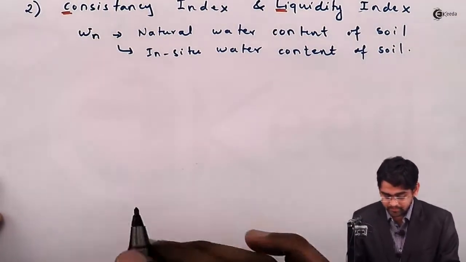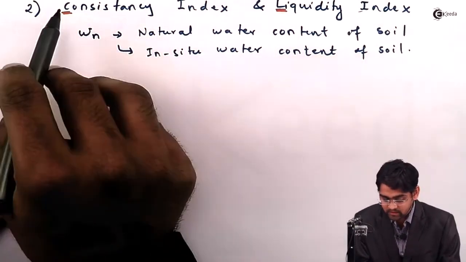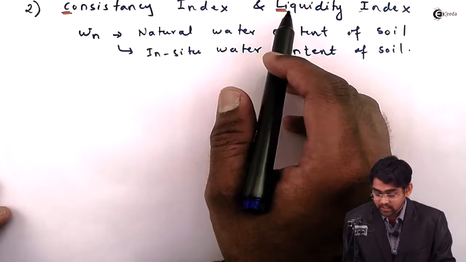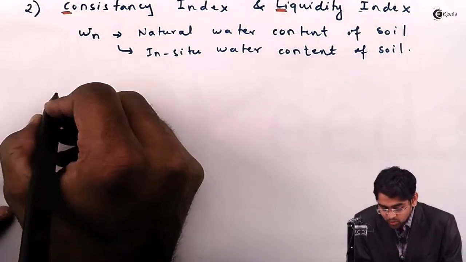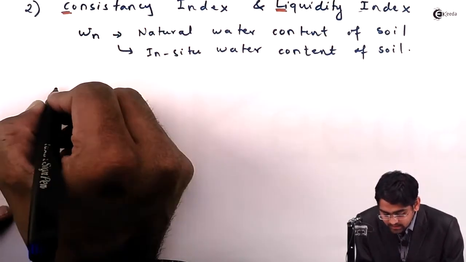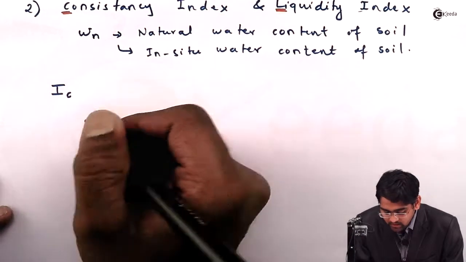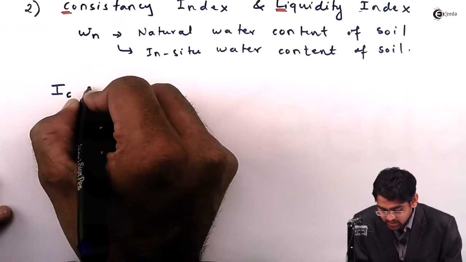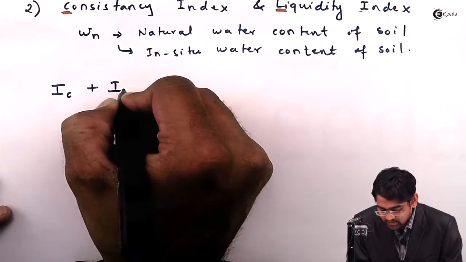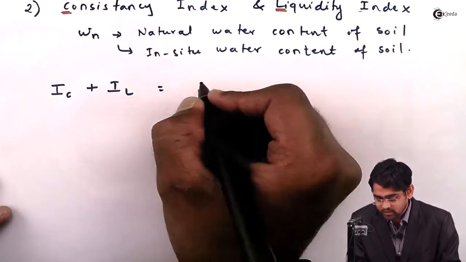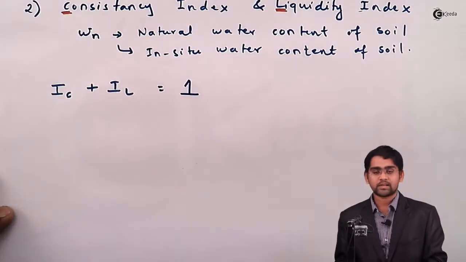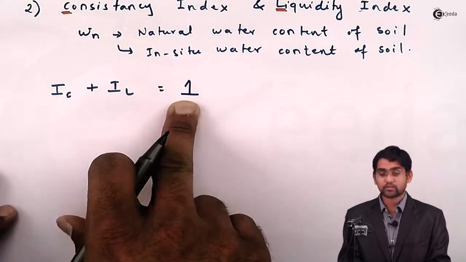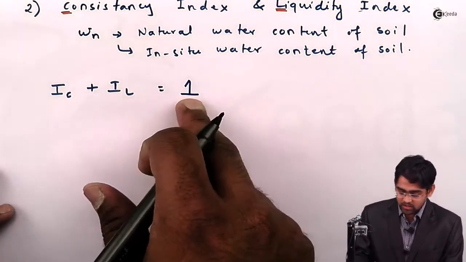Remember, I've given consistency first and liquidity second. The consistency index is denoted by capital I suffix small c, and liquidity index by capital I suffix small l. The addition of these two, consistency index and liquidity index, adds up to 1.